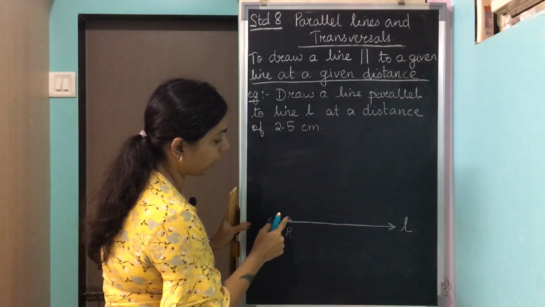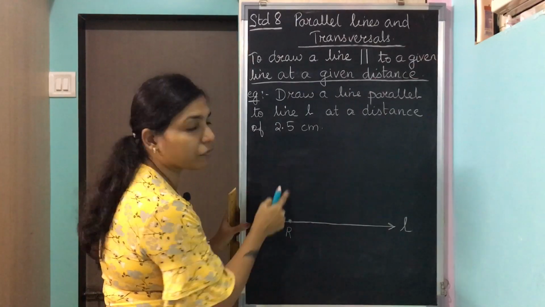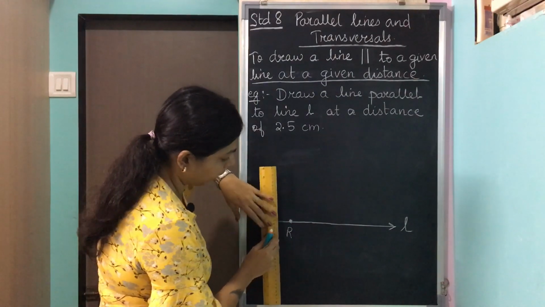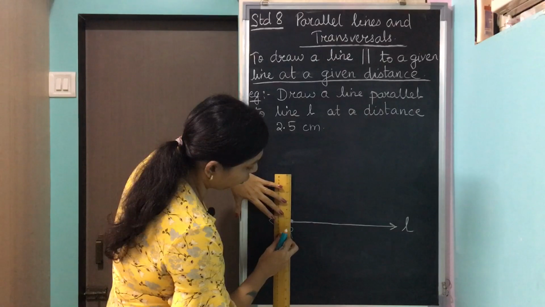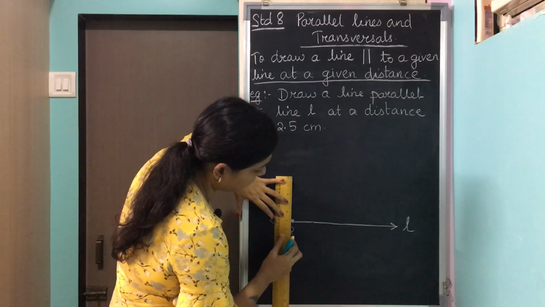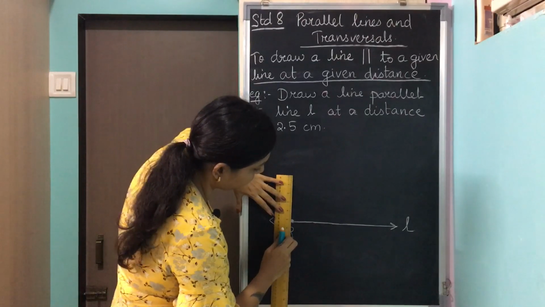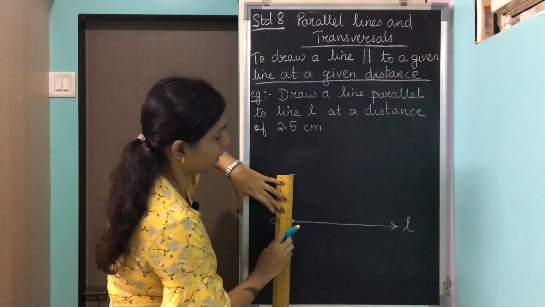I have to make another line and I have to make another point which is at a distance of 2.5 centimeter from point R. So I'll keep my ruler over here. And I am going to measure 2.5 centimeter from my point R. So I am getting 2.5 centimeter over here.